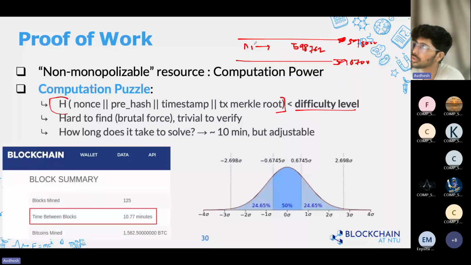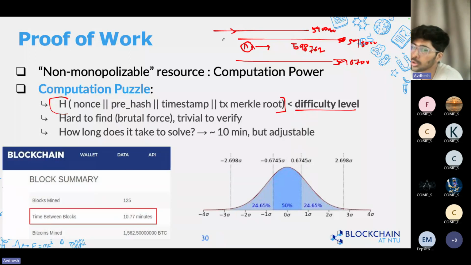And the interesting part about a nonce is that if you're here, at 5, 9, 0, 0, 0, 2, 3, 4, 5, which is still not close to n1, the nonce one, and you hit this target, there's no guarantee that you'll hit the target in the next round closer to 5, 9, 8, 7, 6, 2, closer to n1.